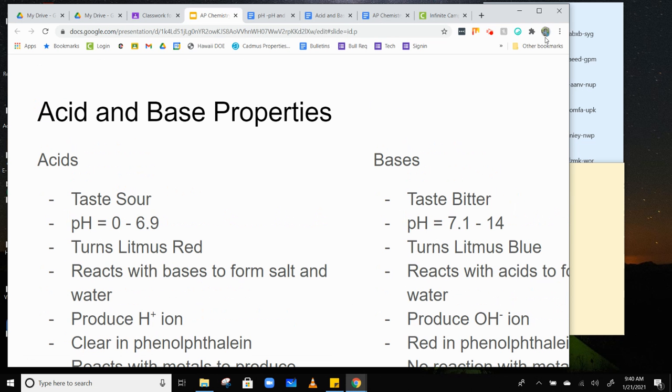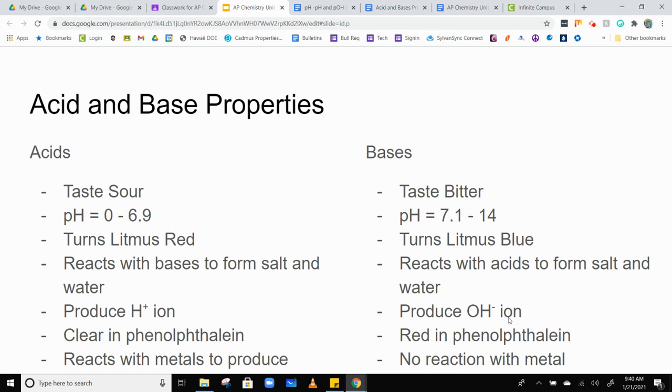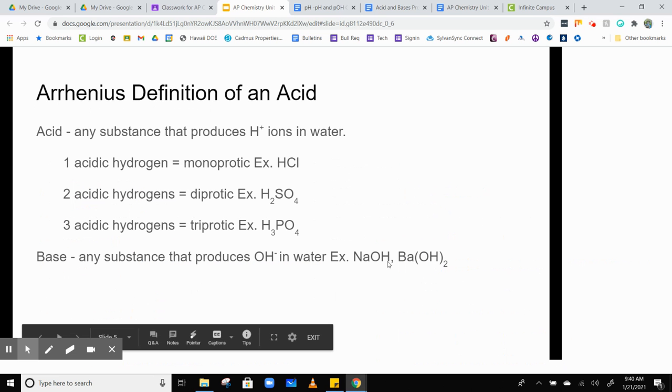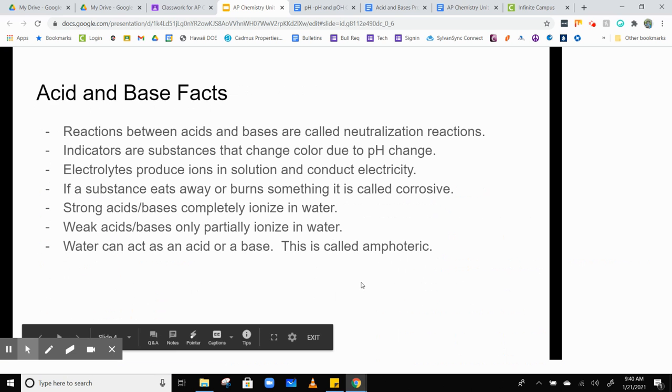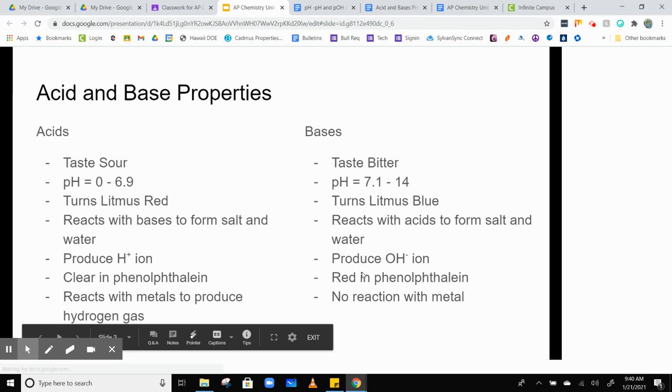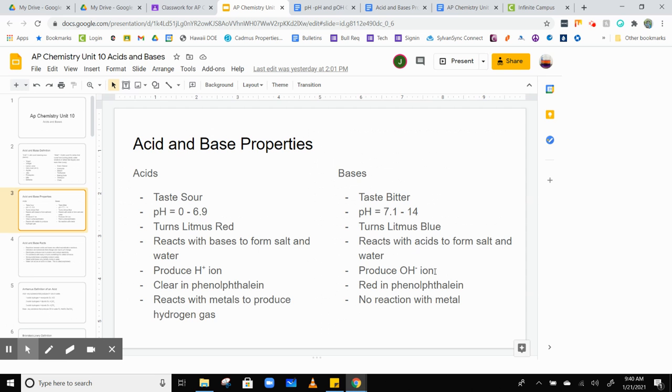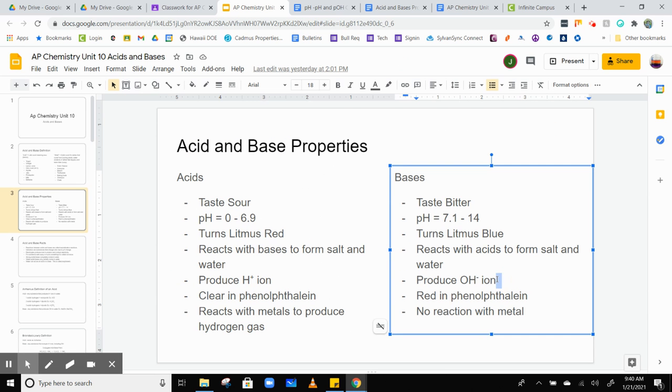I'm going to add one little thing here: they either produce OH minus ions or they accept H plus ions.